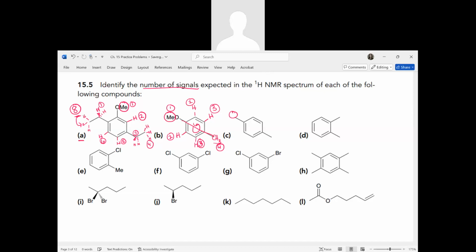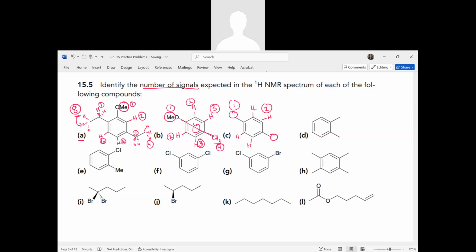These 2 methyl groups can be interchanged through rotational symmetry, so these 6 protons here would be chemically equivalent. So that's our first signal. And then we would see these 4 protons here would be chemically equivalent due to interchange by rotational symmetry. So they would produce that second signal.